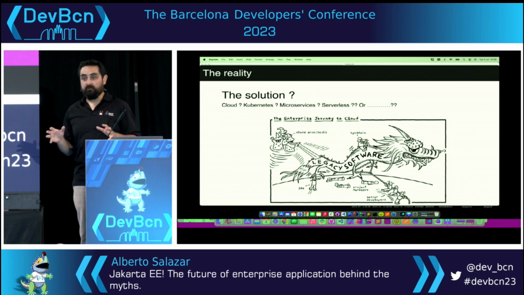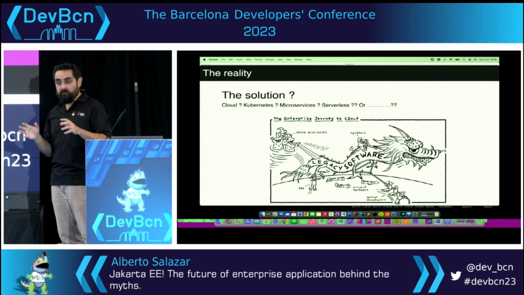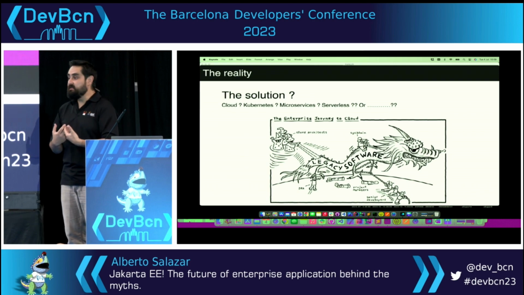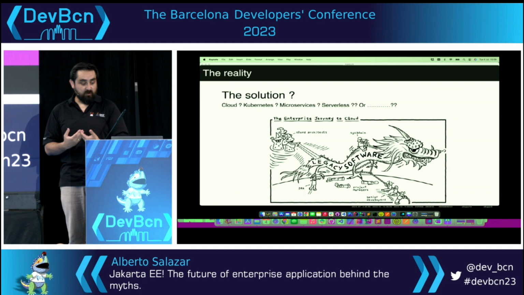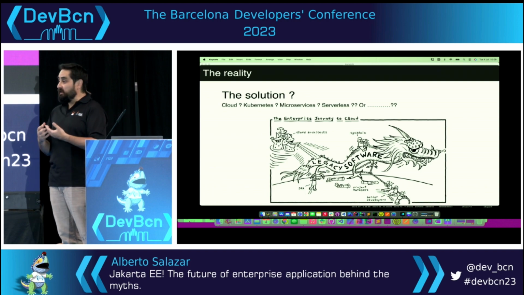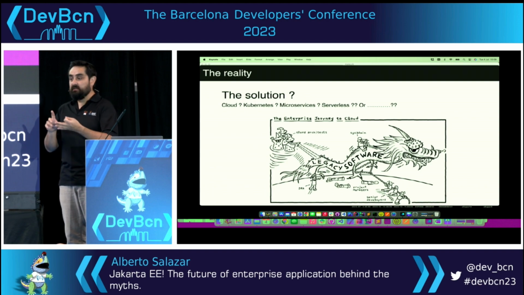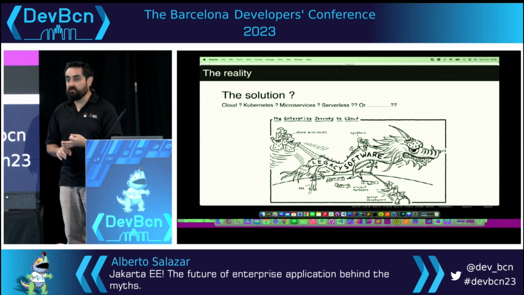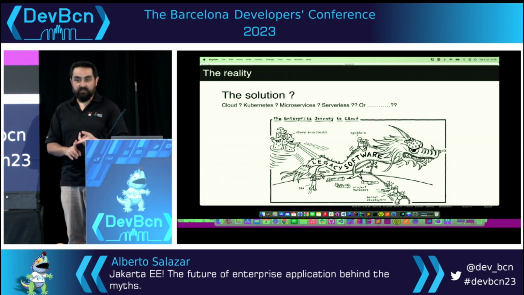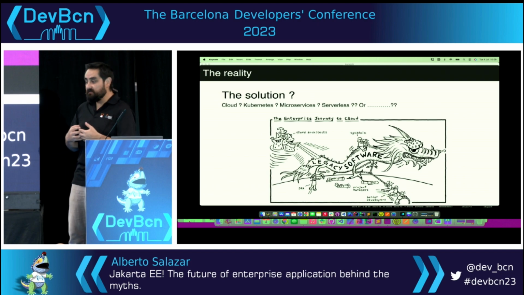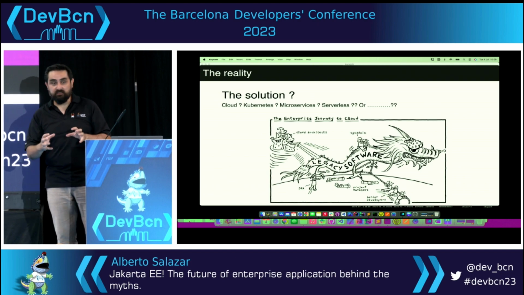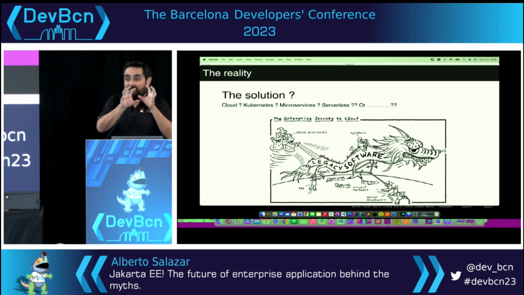So the answer is not that we are going to handle this hard situation, this mess of code, by moving to the cloud, or to Kubernetes, or by changing the architecture to microservices, or event-driven architecture, or serverless. The answer is not there. The answer is that we need to take care of this monster and try to move forward the code that we used to have.